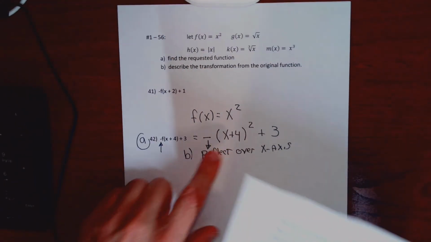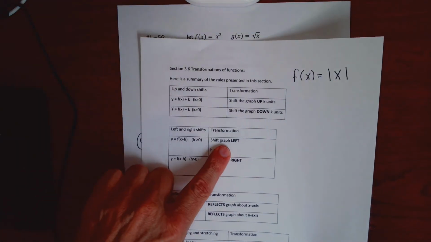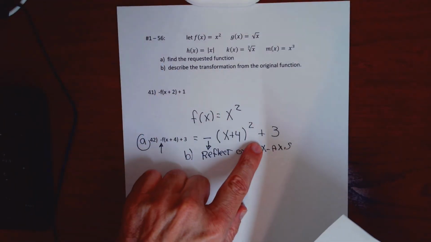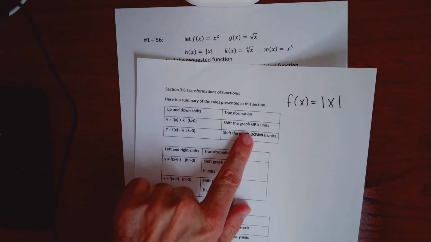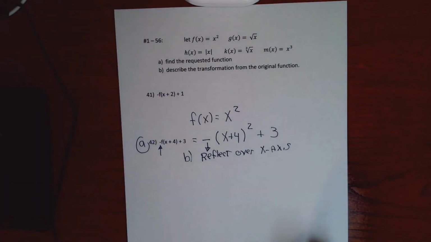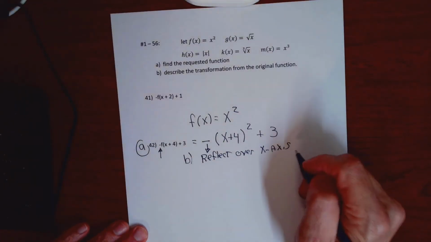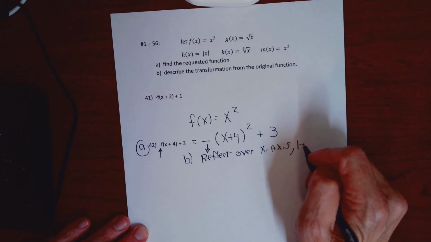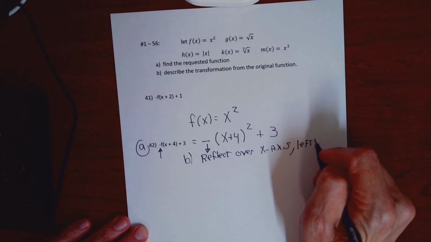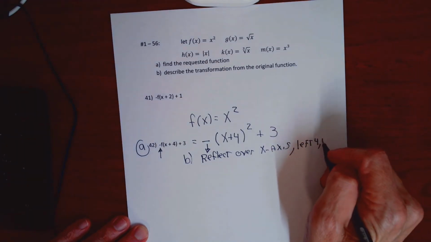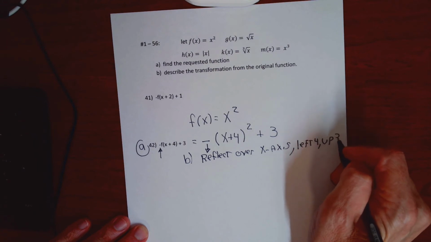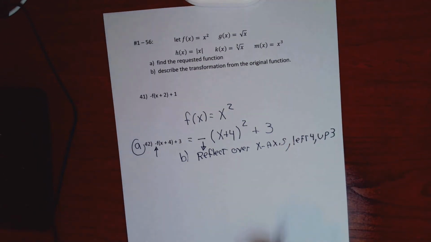The plus inside the parentheses is going to move the graph left, and the plus after the function is going to move the graph up. So this graph is going to be reflected over the x-axis. The plus inside the parentheses is going to move it left 4. The plus after the parentheses is going to move it up 3.